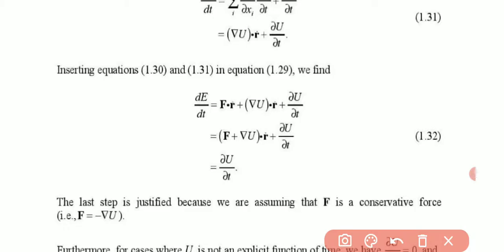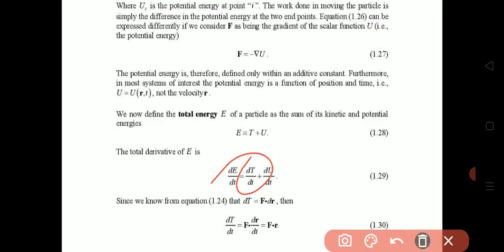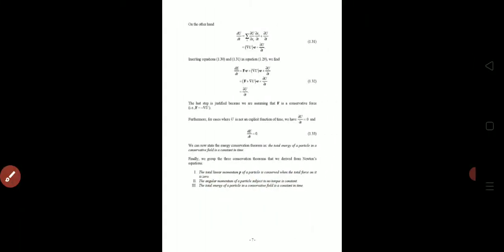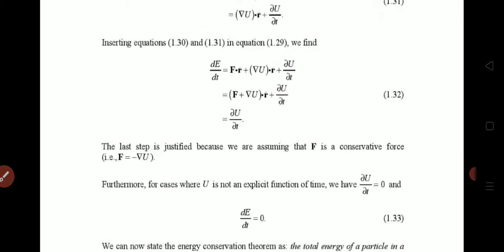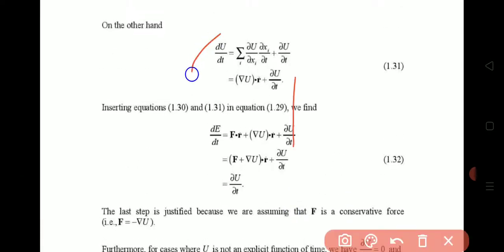where F dot r dot, from equation 1.29, we see, is dT by dt, and this is the value of partial U by partial t.